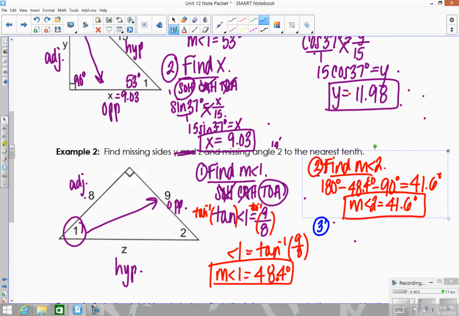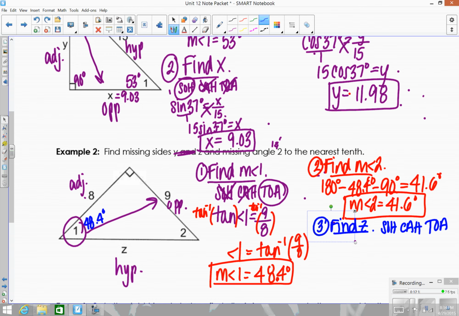And then the last thing we need to find is z. So to find z, we're going to use SOHCAHTOA. This time I have angle 1, and I know that it's 48.4 degrees.